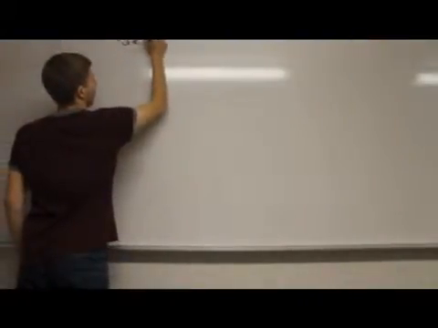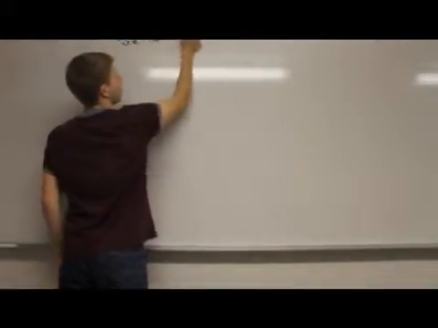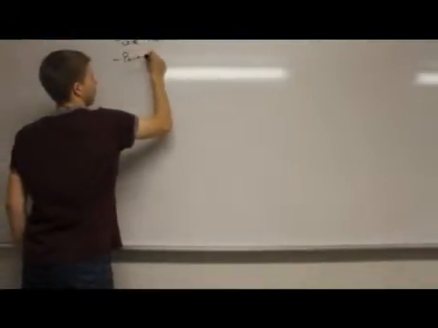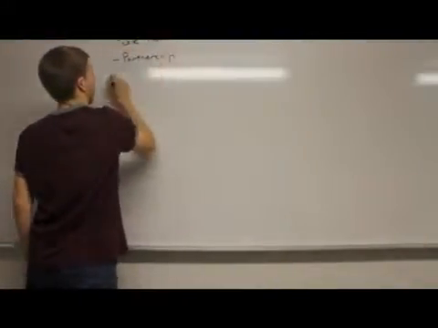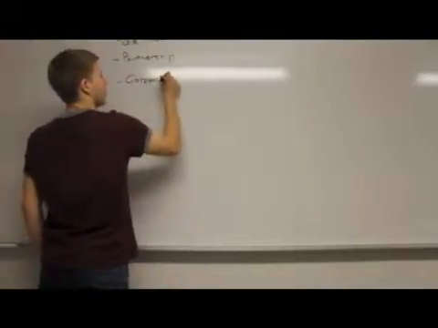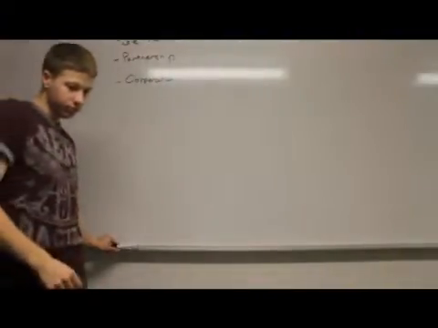We have the sole proprietorship, a partnership, and a corporation. In most cases in this course we're talking about corporations because those are the ones that are going to have stocks. But just to do a quick talk about each one.